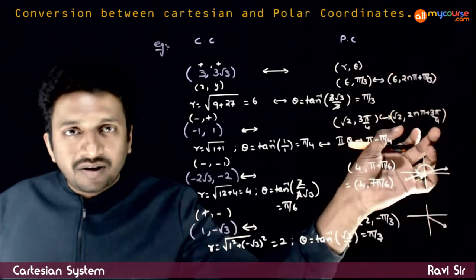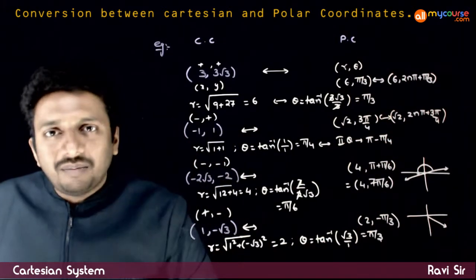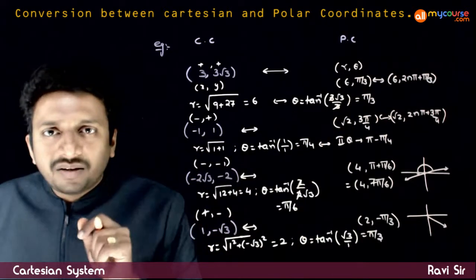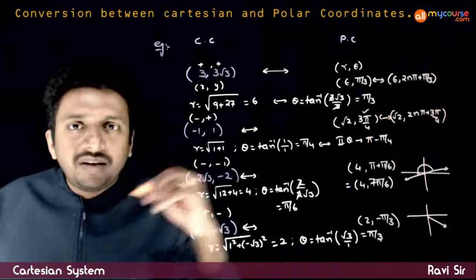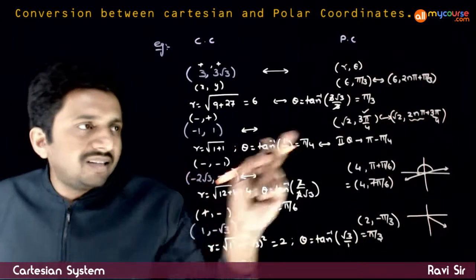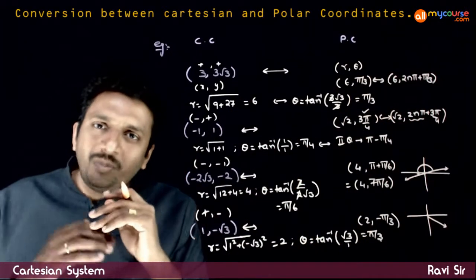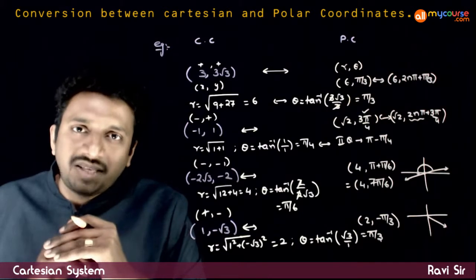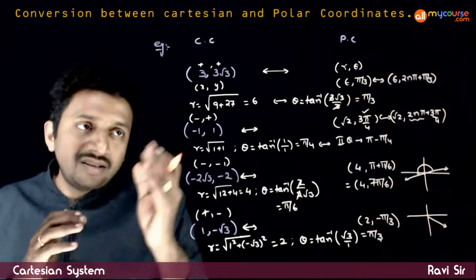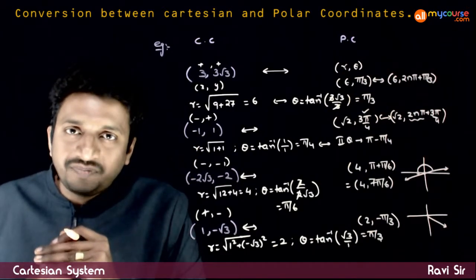All these coordinates represent the same point minus 1, 1. So I hope you have understood what I am doing. If you have a particular theta, any number of 2n pi's can be added to the angle. The position of the ray remains the same. The position of the ray does not change. Hence, the point does not change.